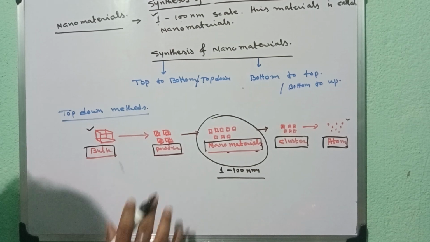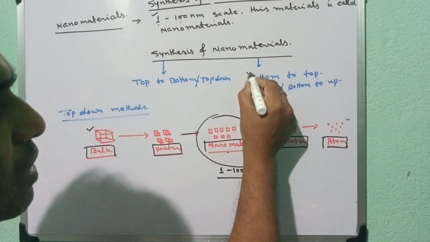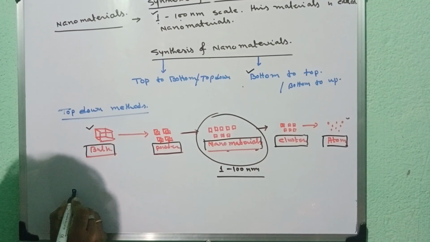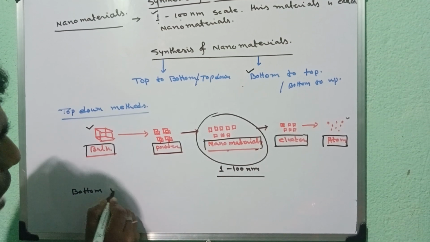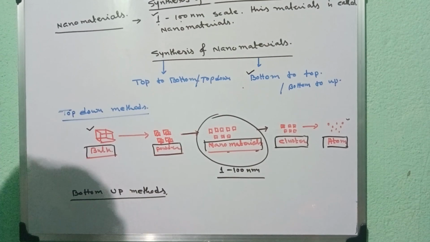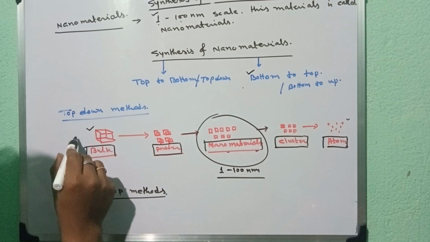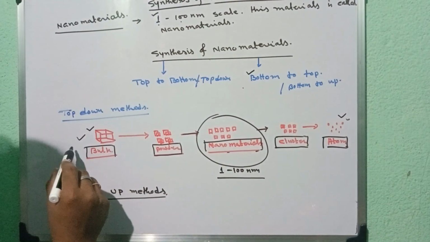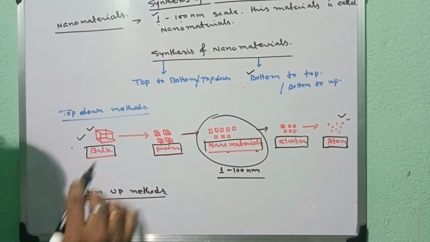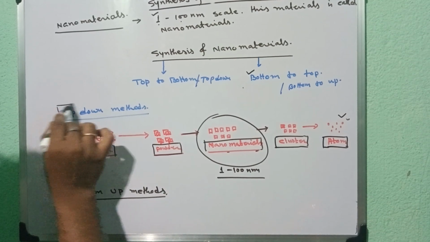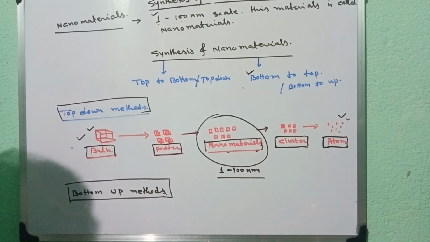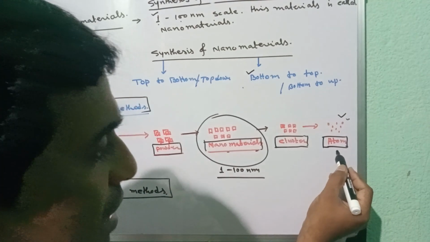The next method is bottom to top, the bottom up method. The top down method goes from bulk to atom, where bulk is the largest size and atom is the smallest. The bottom up method is the reverse condition.